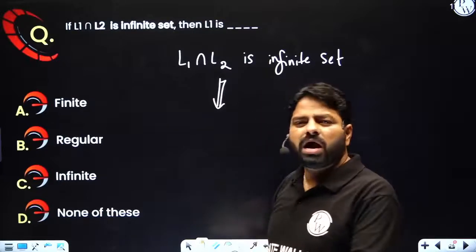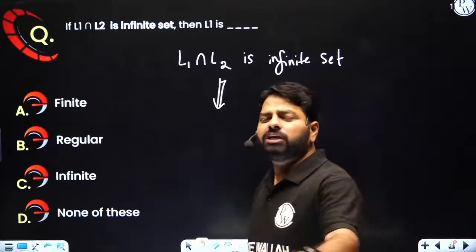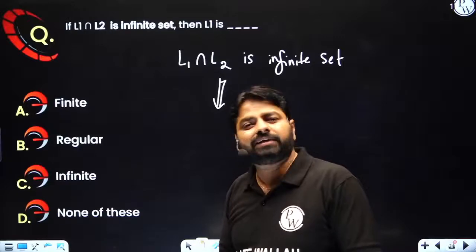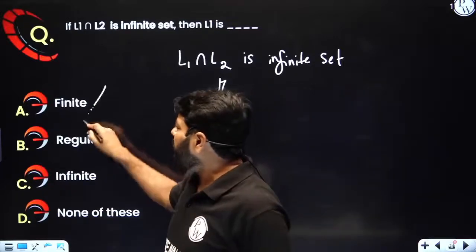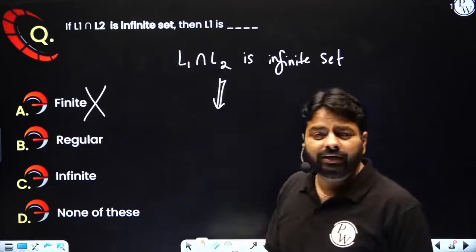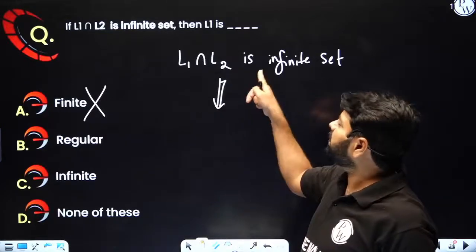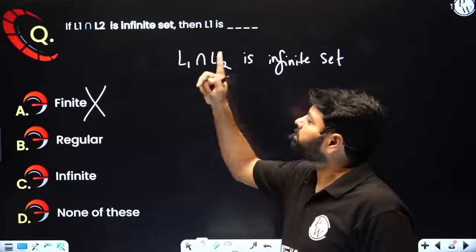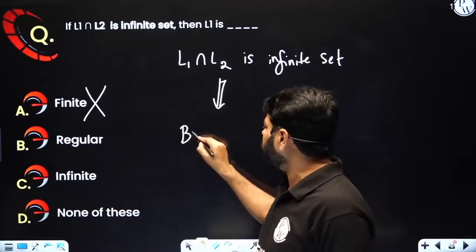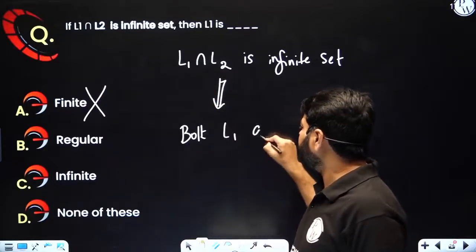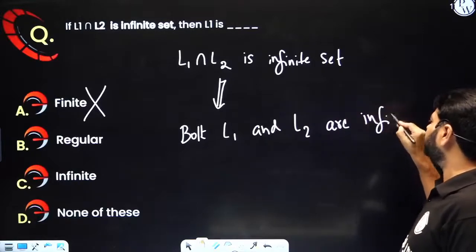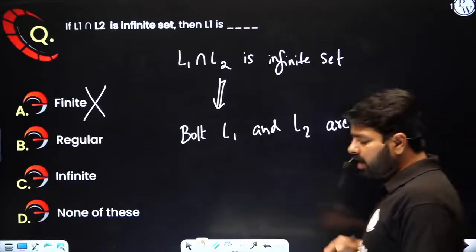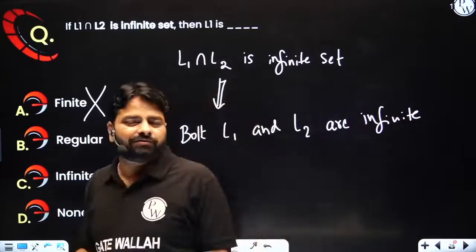So L1 and L2 definitely should be infinite, but which infinite depends on what you take, right? Finite is impossible, because the result is infinite, so both must be infinite. There is no other way for L1 intersection L2 to be infinite.